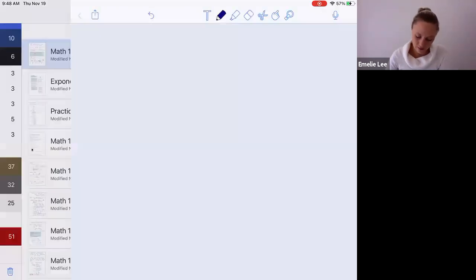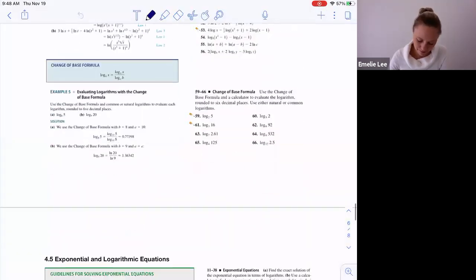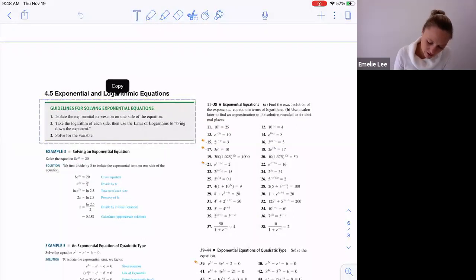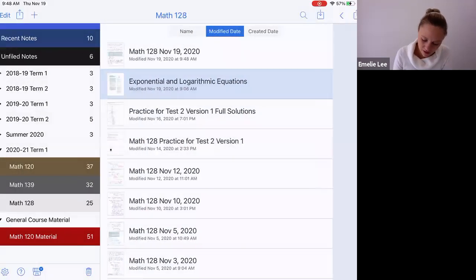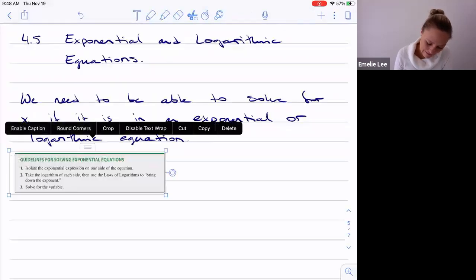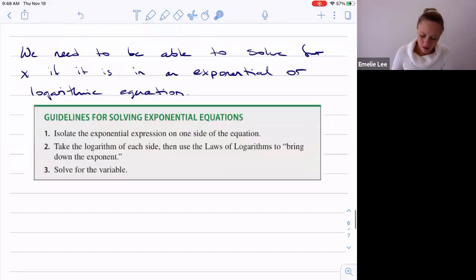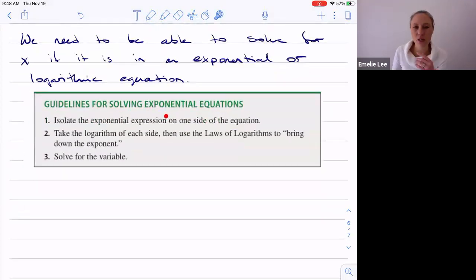So the steps, you would probably arrive at this on your own. But if we start with the exponential equations, something like a to the power of x, and we have to solve for x, you have to isolate the exponential expression on one side of the equation, right?